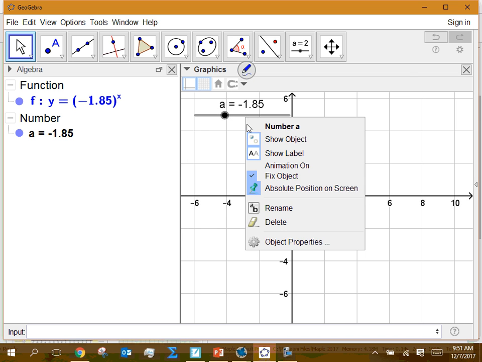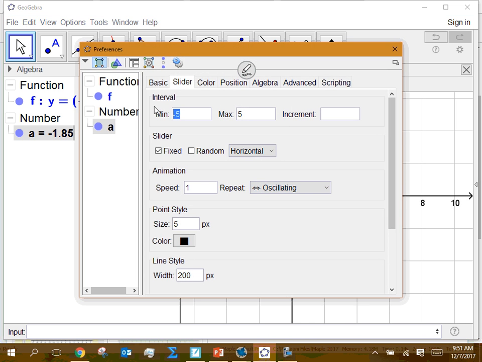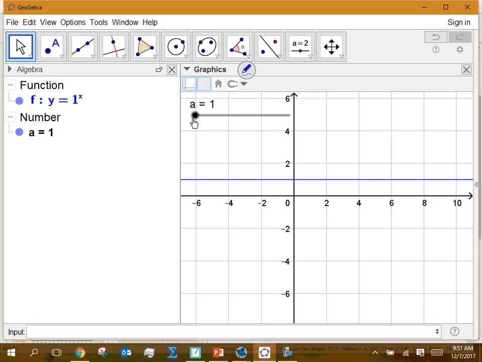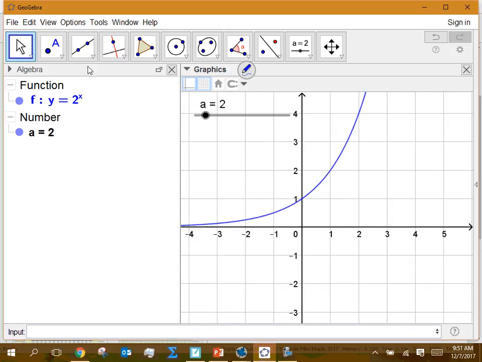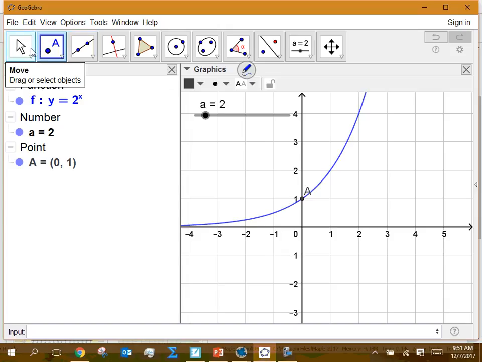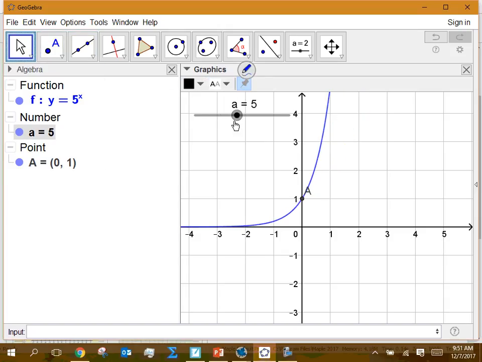So let me take this slider real quick and let's make it go from 1 to 10, talk about increments of 1. I just want to put a key point on here, right there. And you watch that ordered pair as I change the function, as I change the base. What happened to that ordered pair?